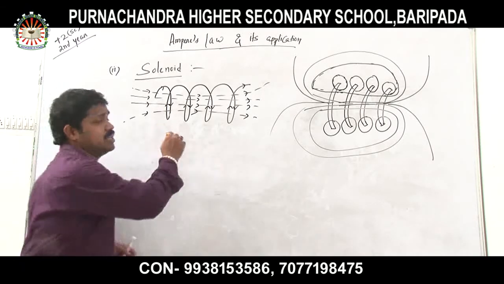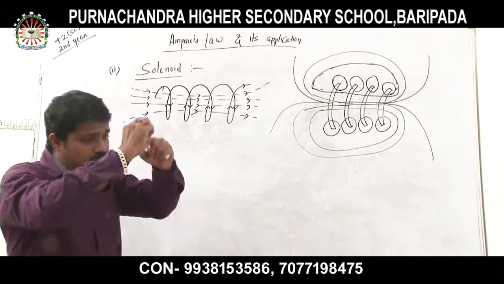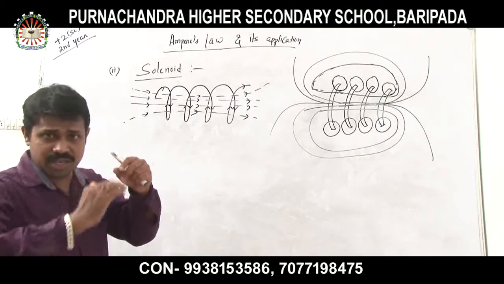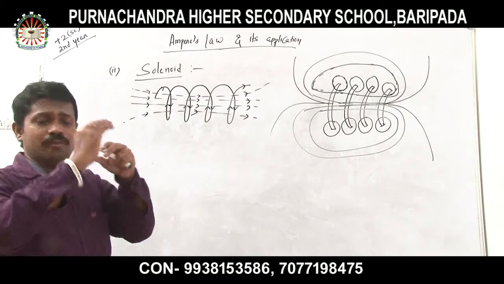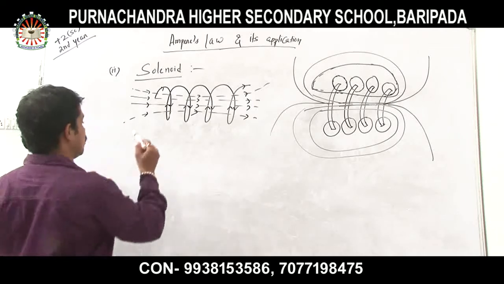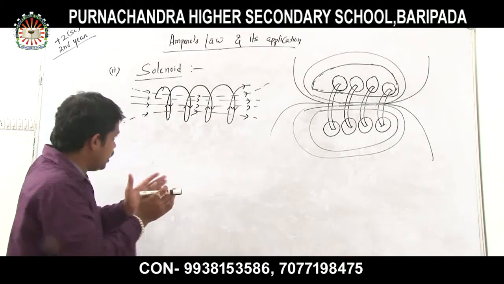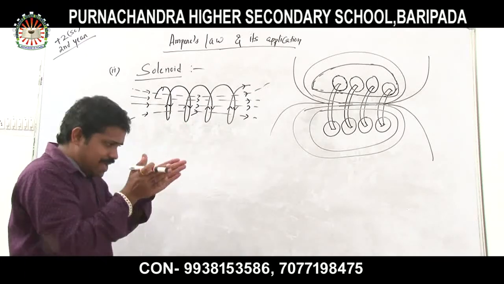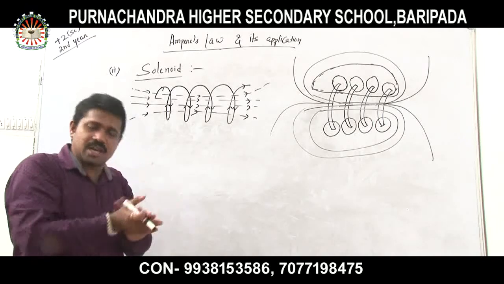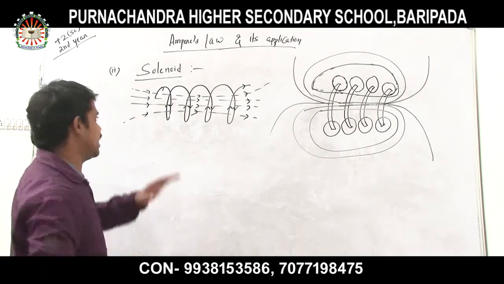So this wire is an insulated wire which is wound, and each turn is placed very close to each other. Understood? Again I will repeat.